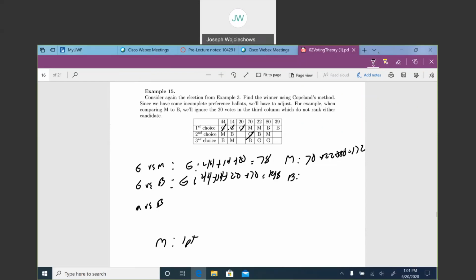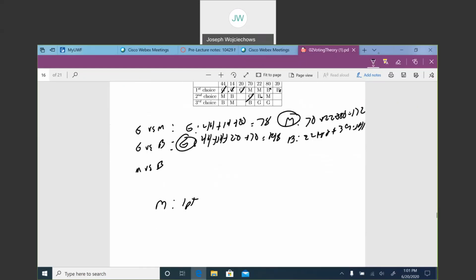Now let's look at B. B is preferred here, which is 22. Here, which is 80. And here, which is 39. So we have 141. That gives a point to G. So G now has 1 point.